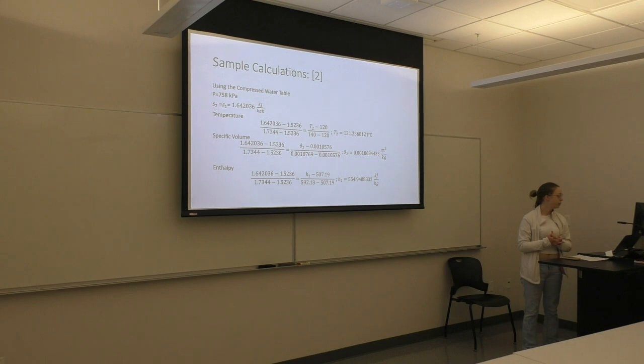This time we're using the compressed water table, using a different pressure at 758 kilopascals, with the entropy of this process equal to the entropy of the one prior. We can then interpolate the temperature, specific volume, and enthalpy.